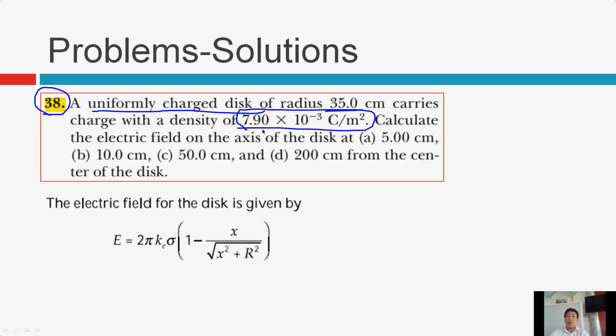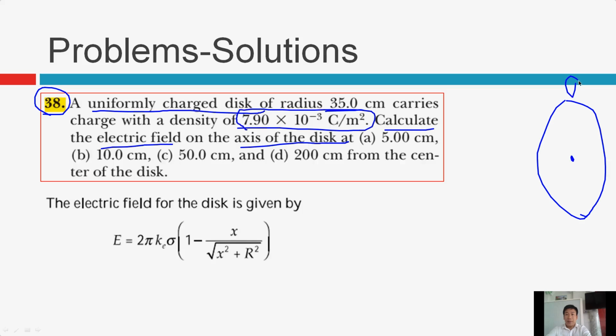In this case, fortunately, they give us the charge density, so it's very easy for us to do. And they ask us to calculate the electric field of the disk. It means that you have a disk here, right? They give you sigma positive.